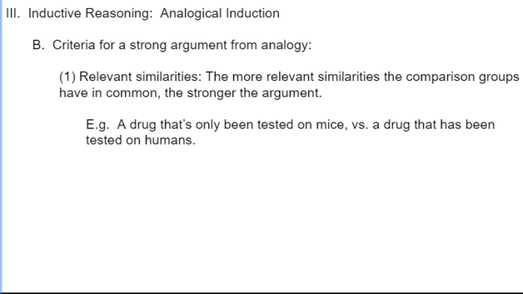And now, me being treated with the drug, am I likely to have the same outcome as those other members of the group? Well, yeah, because they're just like me, right? The similarities are very strong, and they're definitely relevant, right? Whereas between mice and human beings, there's not as many relevant similarities. Okay, does that make sense?